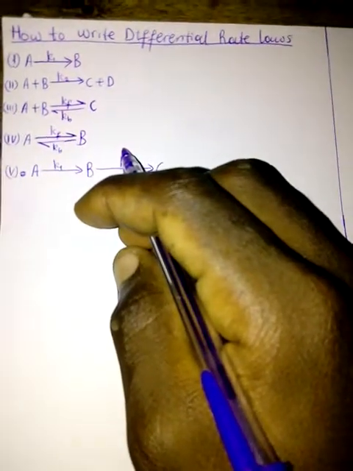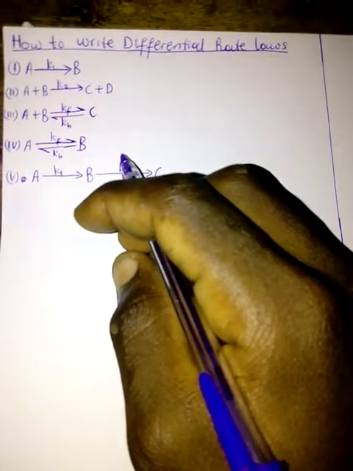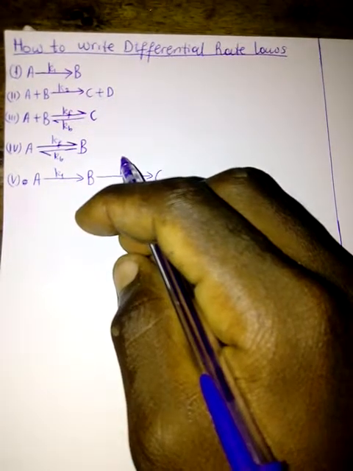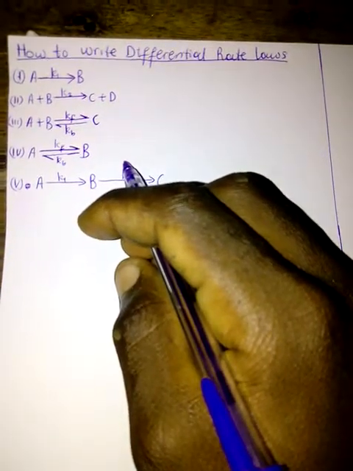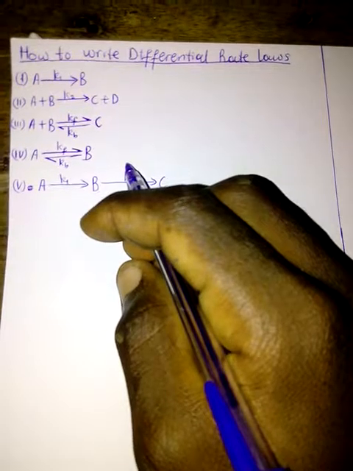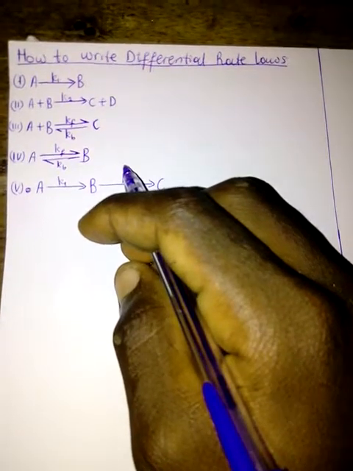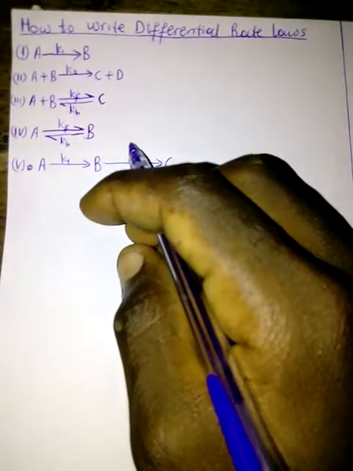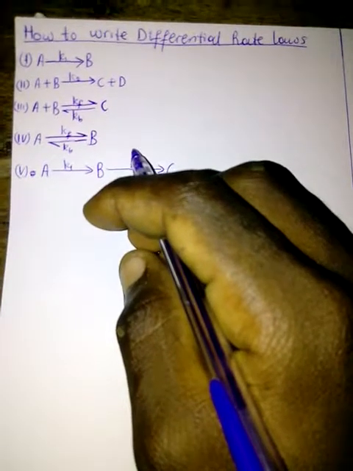Hey guys, I want to take us through how to write differential rate laws. First and foremost, what is rate of reaction?